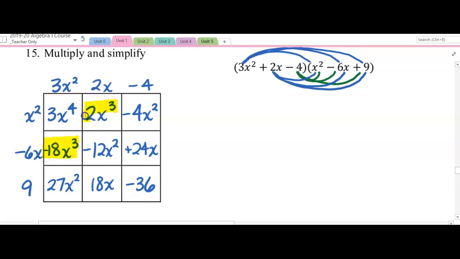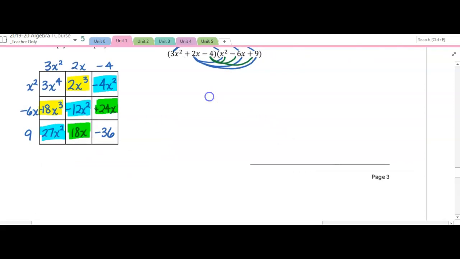So the x cubes go together, the x squareds go together, and the x terms go together when we write our final answer. Starting with the highest degree, 3x to the 4th. Take away 16x cubed by combining the yellow terms.